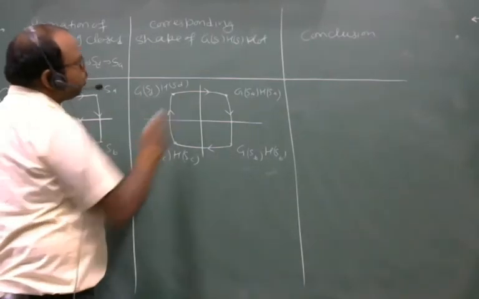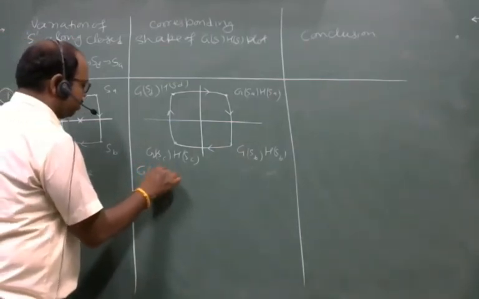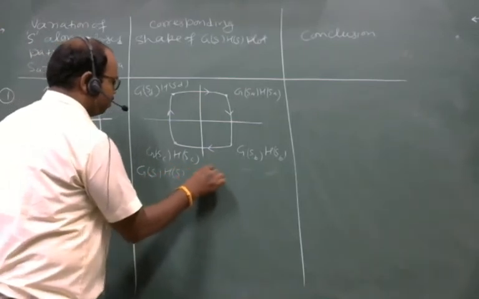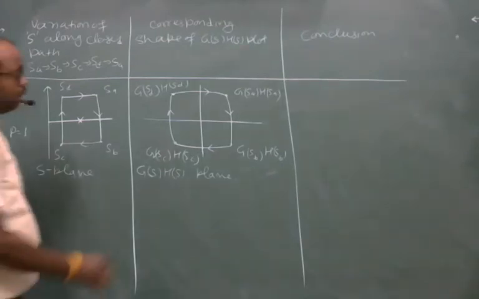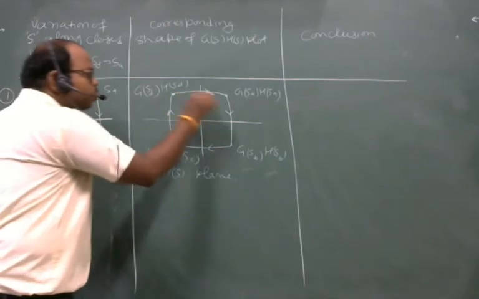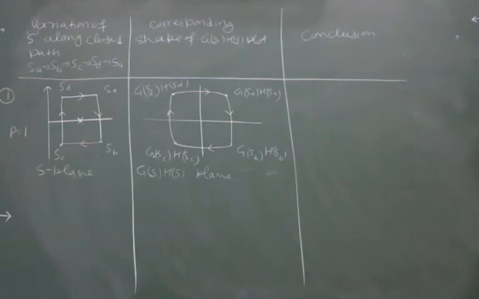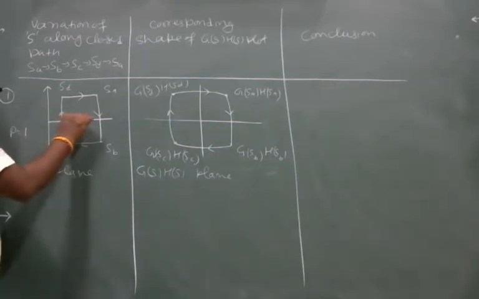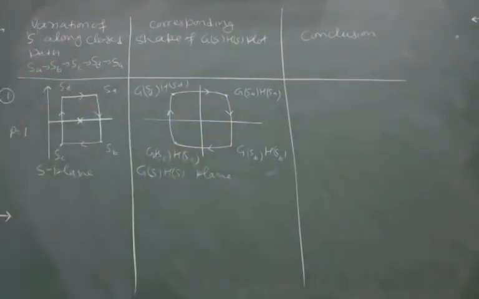And the corresponding plot in G(s)H(s) plane shows the closed path encloses the origin. Here the closed path encloses the pole, and here the closed path encloses the origin, right?